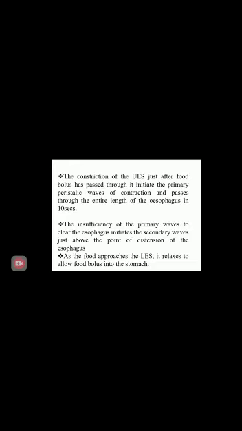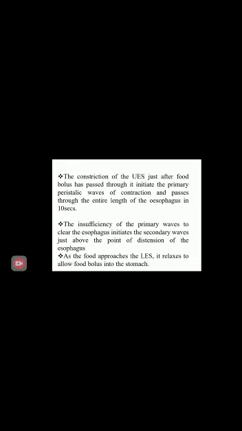All right, but when the primary peristaltic wave fails to empty the esophagus, the secondary peristalsis is initiated at the point of distension of the esophagus by its contents that remain after the peristaltic waves.